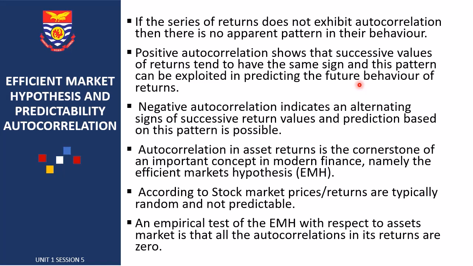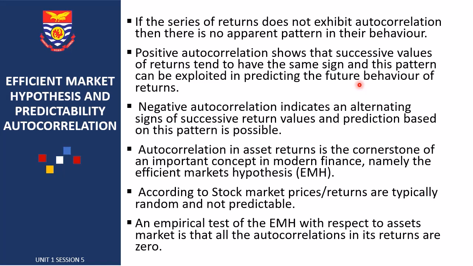Negative autocorrelation, on the other hand, indicates an alternating sign. When you compute the mathematical equation that we saw in the previous slide and end up getting a negative autocorrelation, what we are simply saying is that if the return for today was positive, then the chances are that the next day will be negative.